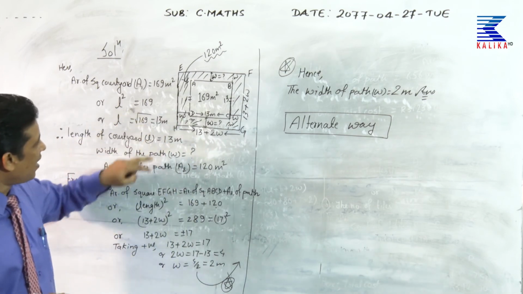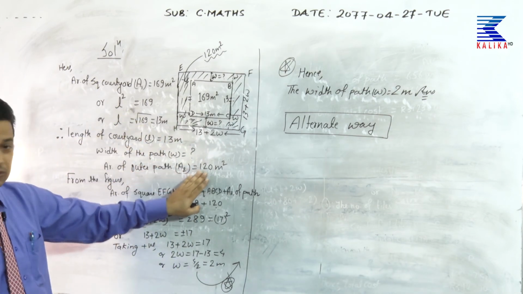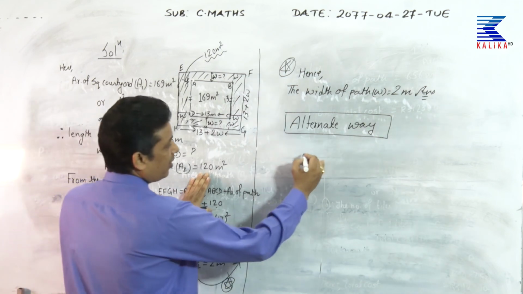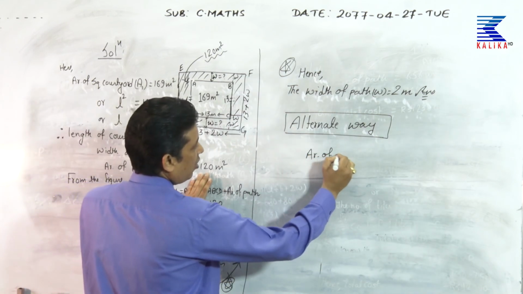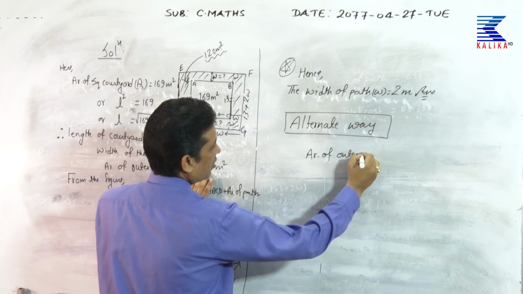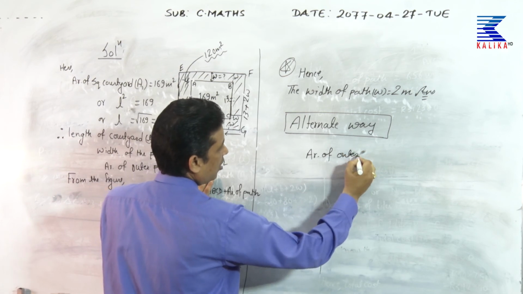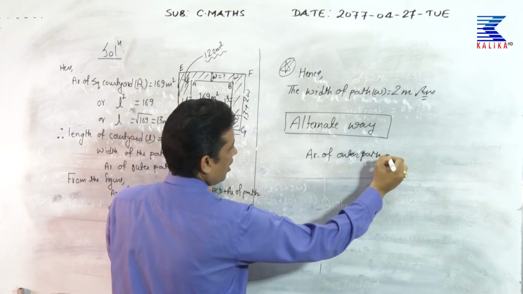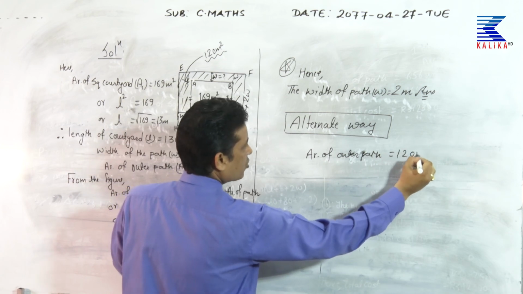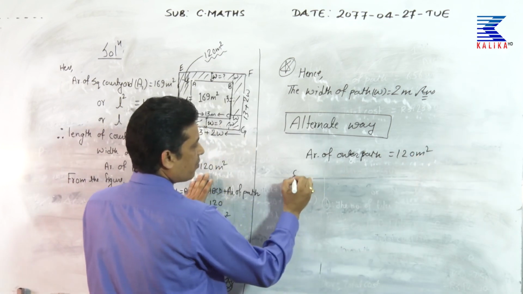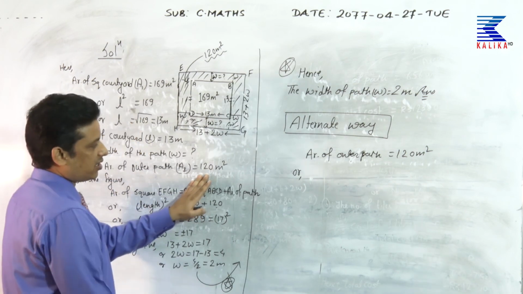Here area of path is given, look, area of outer path is given as 120 square meter. So, what is given? Use its formula, use this concept here.